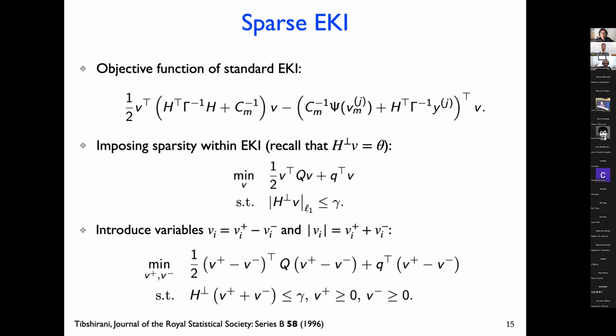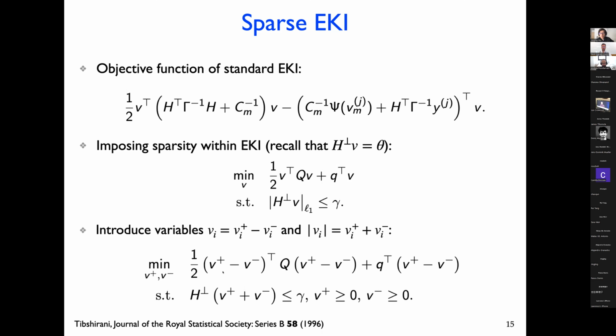And we introduce auxiliary variables, v plus and v minus. With these two auxiliary variables, we can replace the original variable v in this optimization problem.